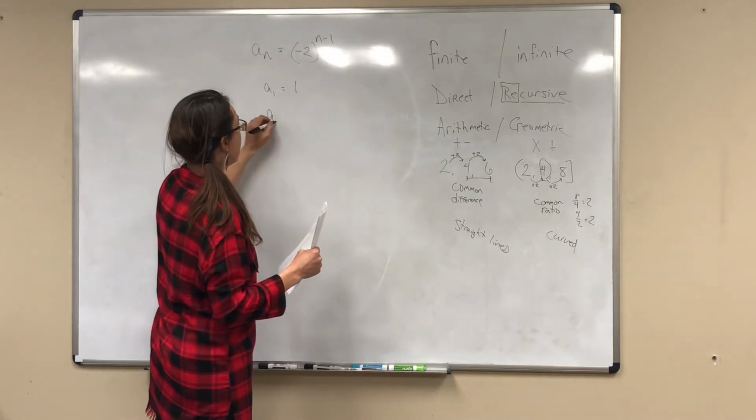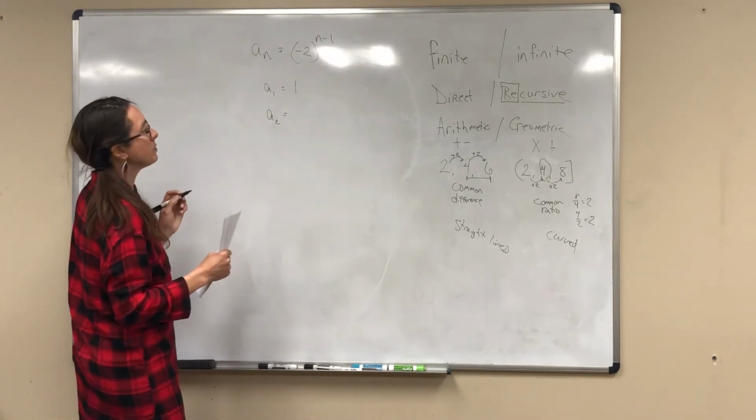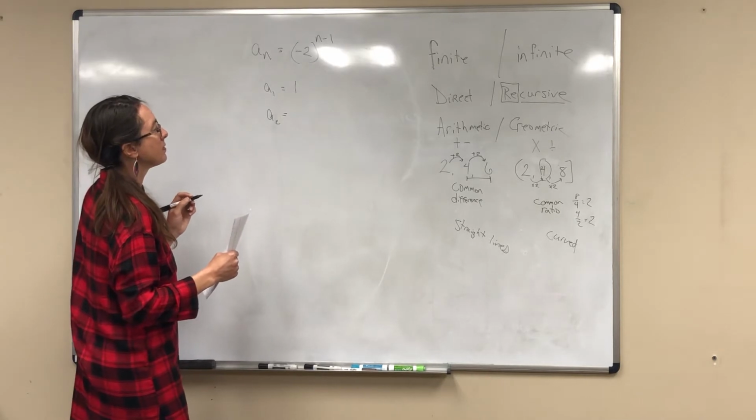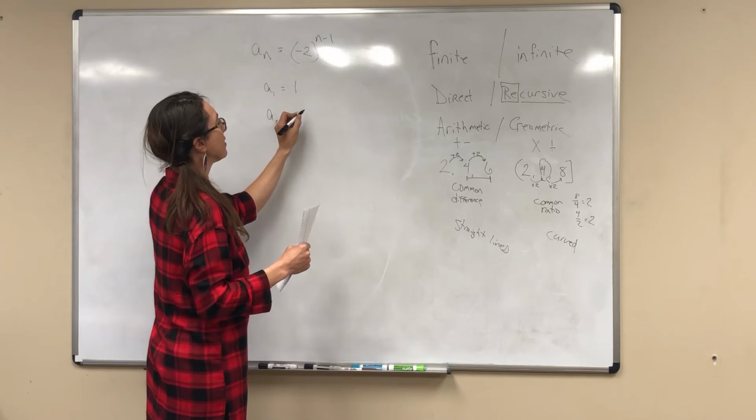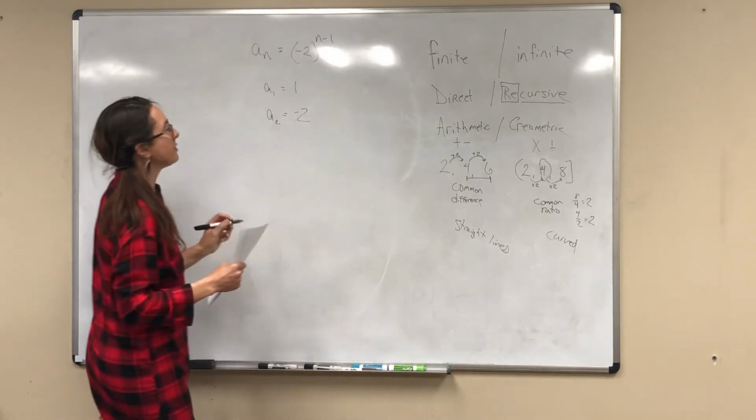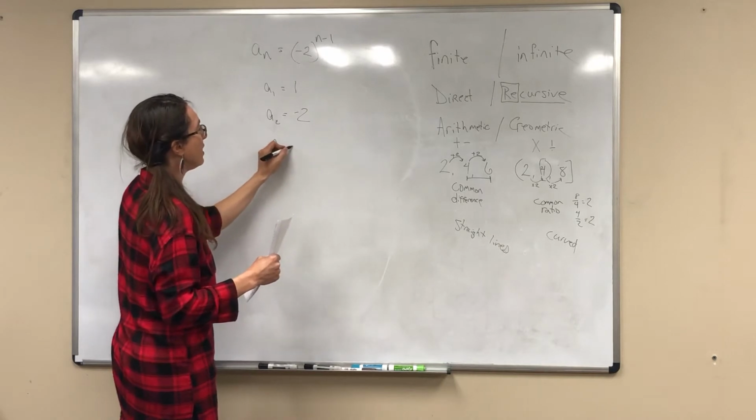A of 2: negative 2 to the 1, so it'd be negative 2. A of 3: now I've got 3 minus 1, so negative 2 squared, which is 4.